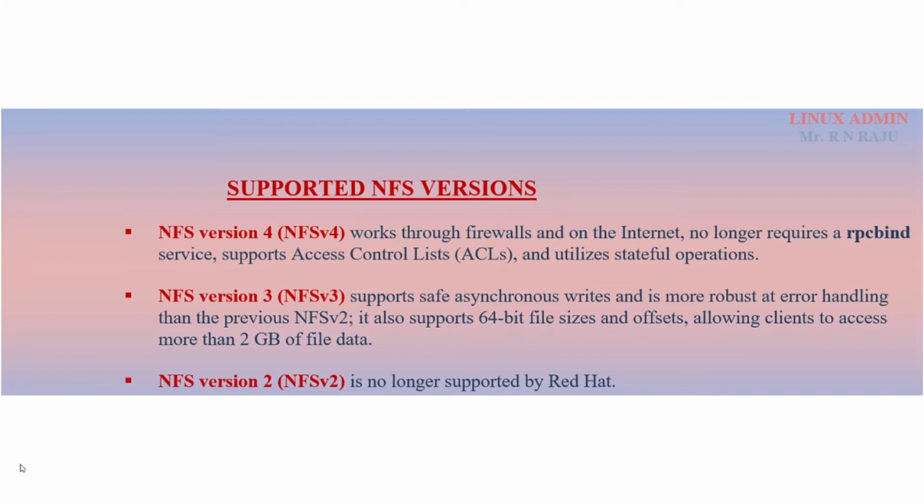NFS version 4 supports more than 2 GB of file data, and also supports ACLs, firewalls, and a lot of security is implemented under NFS version 4. That's why in the latest editions, even the Amazon EFS file system runs NFS version 4. So now we are also implementing the NFS version 4 protocol.